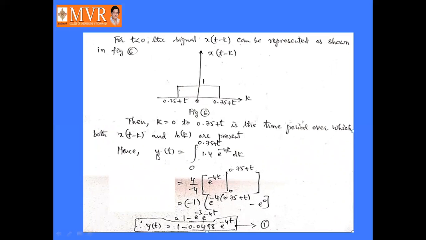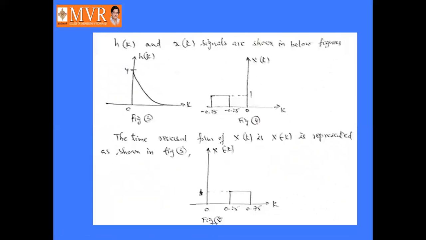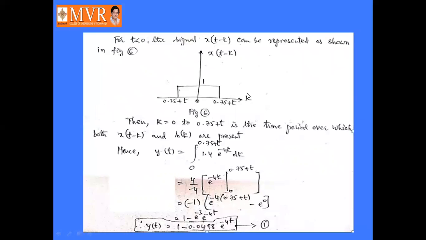So y of t equals the integral from 0 to 0.75 plus t of e power minus 4k into dk. The amplitude of x is 1, and h is 4 into e power minus 4k, so it is 1 into 4 into e power minus 4k dk.